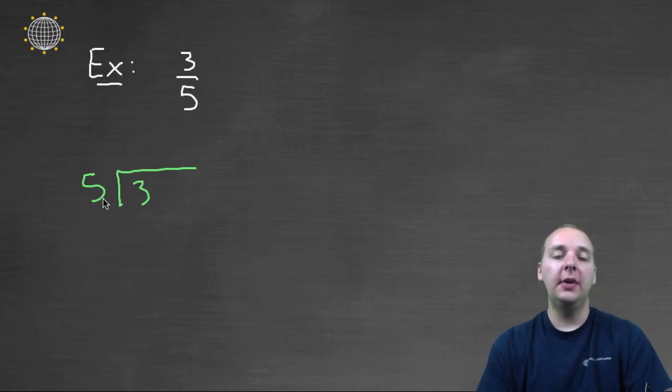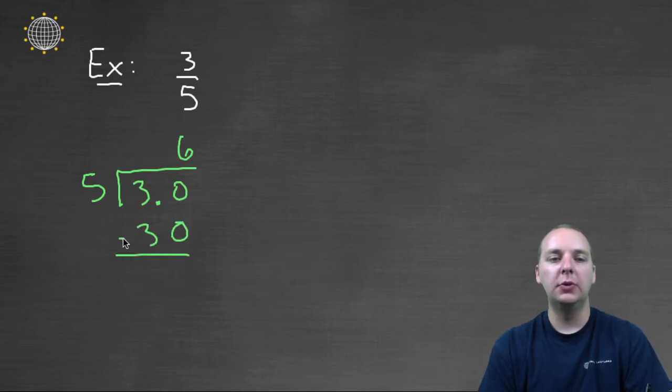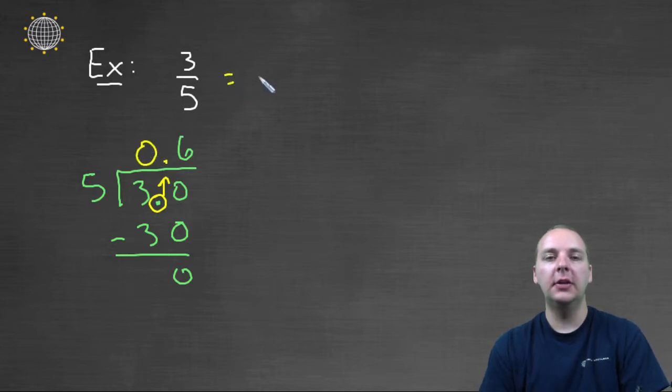Now 5 doesn't go into 3 as a whole number, so I actually need a decimal with a 0, so we'll write 3.0. 5 does go into 30 a total of 6 times. 5 times 6 is 30. We'll subtract, we get a remainder of 0 when we're finished. So I'll take this decimal here and transplant it upwards to the quotient. And so 3/5 would be 0.6.